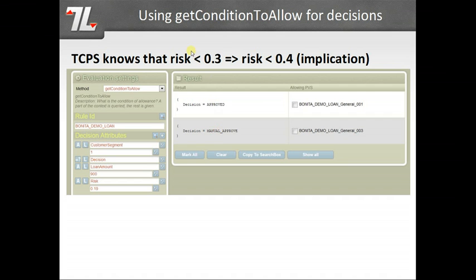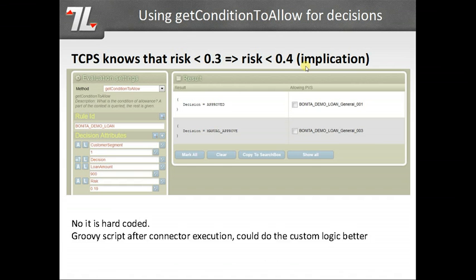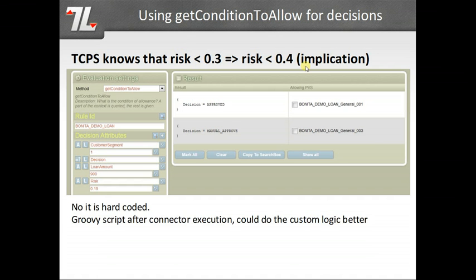As you see here above, TCPS is generally aware of logical implication for the primitive data types. It's a great thing. If the statement says risk less than 0.3, this implies risk less than 0.4, and TCPS can handle it. But in custom cases, as now, it's unfortunately hard-coded.